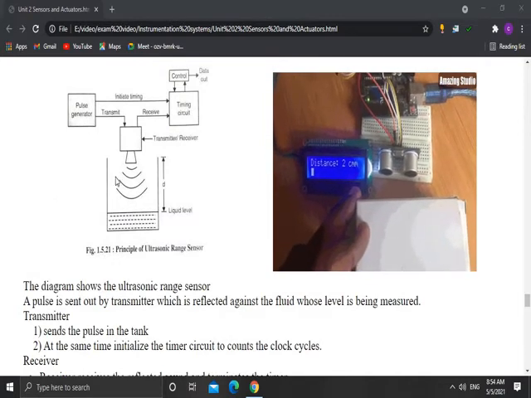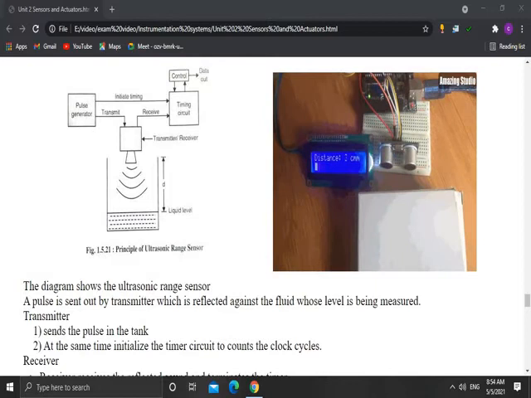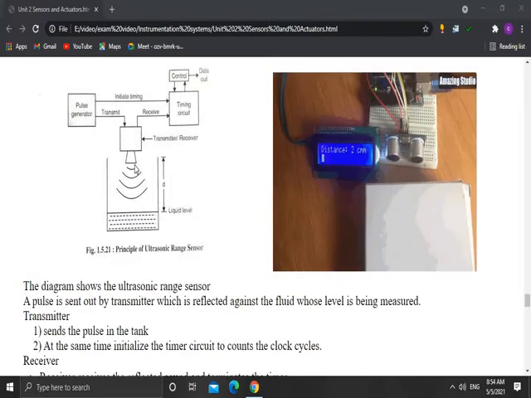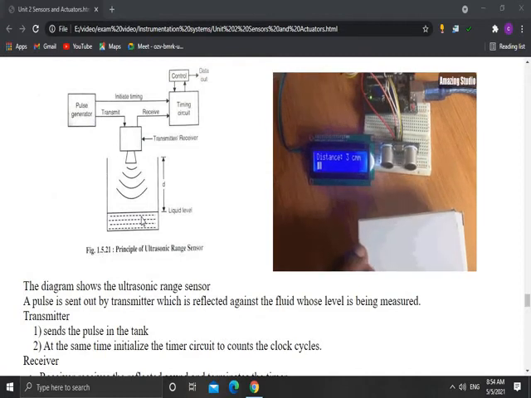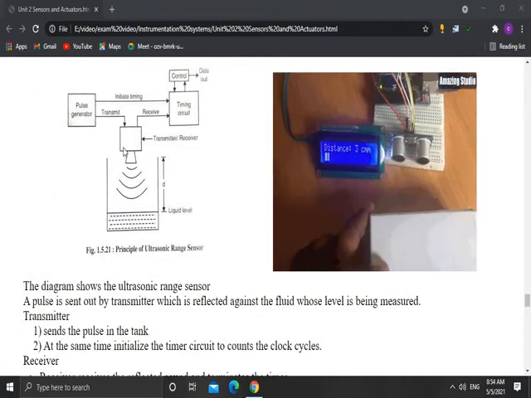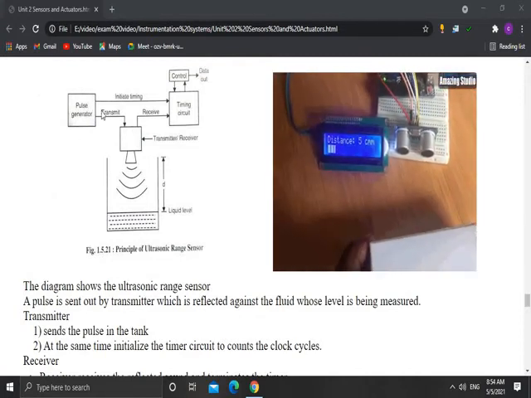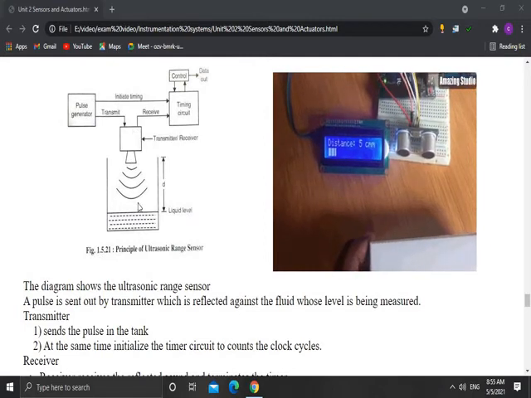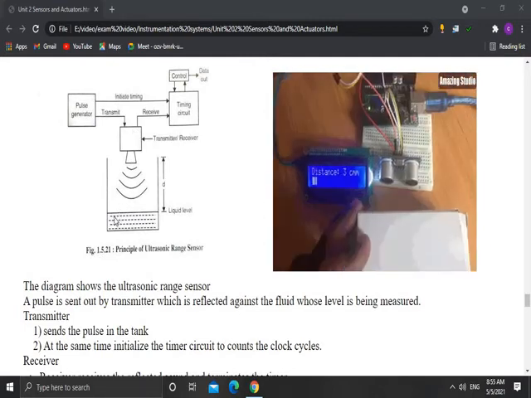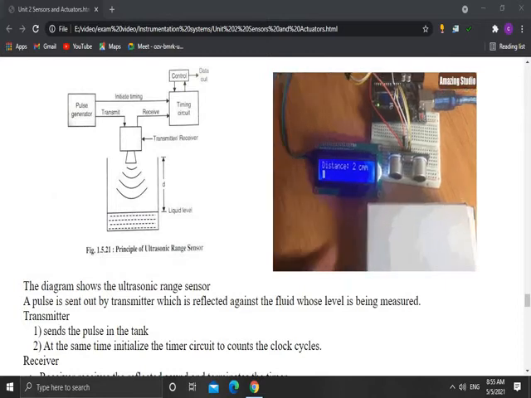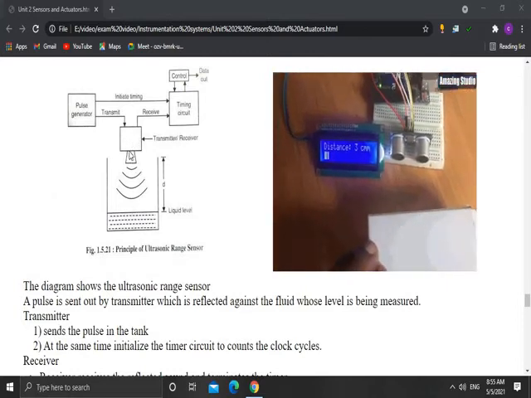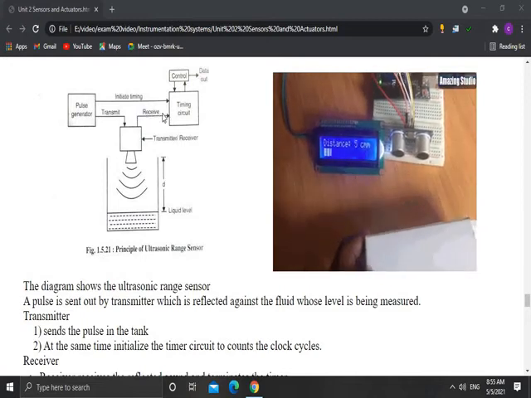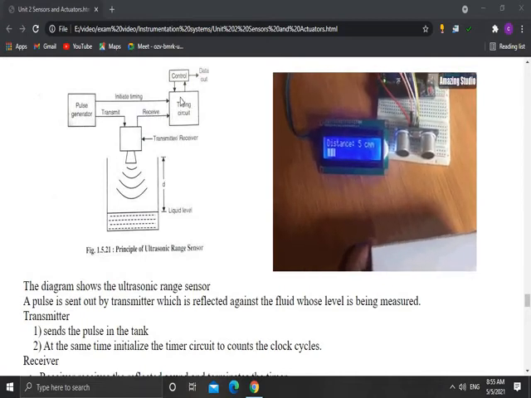Here we can use the ultrasonic wave for detecting the level of fuel in the tank. Here one pulse generator emits the ultrasonic wave, and on the surface it bounces back, and that wave is again received and sent to the timing circuit.